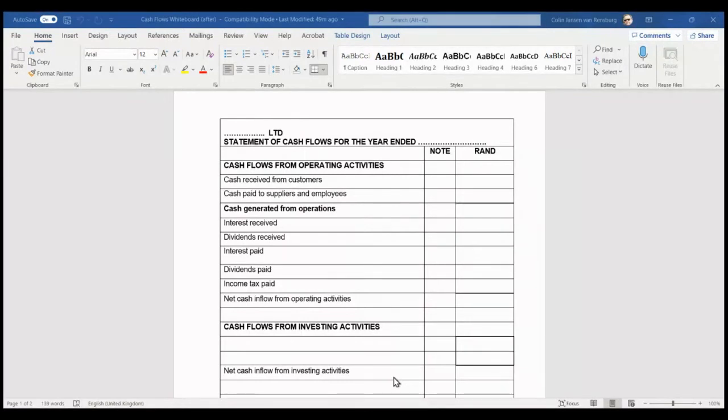In other words, the money, the cash, or the funds, if you wish, that landed in our bank account because of dividend income, right? Again, same scenario. There could have been dividends owing to us at the beginning of the year, or there can be dividends owing to us at the end of the year that we haven't received yet.